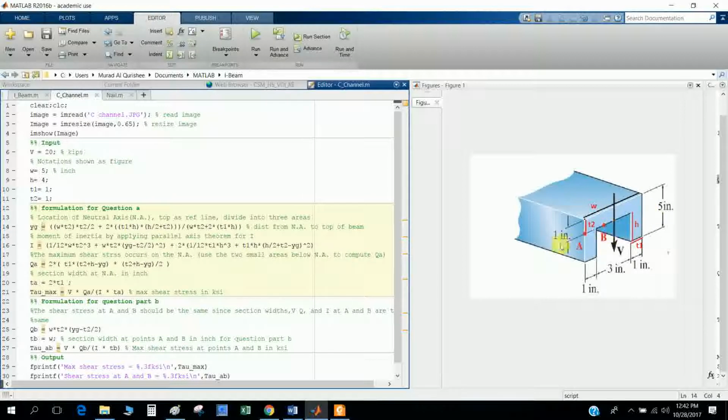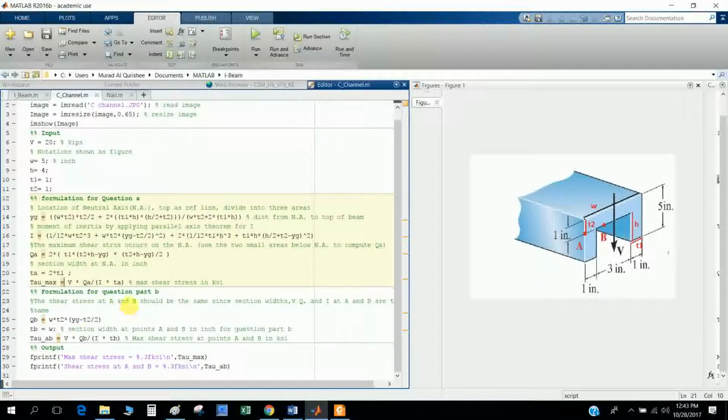So we take this area and this area, multiply by their neutral axis to neutral axis distance. And then TA is 2 into t1, that means this width plus this width, we call this TA, the section width at the neutral axis. We need this for tau max, the maximum shear stress, V Q divided by I TA.